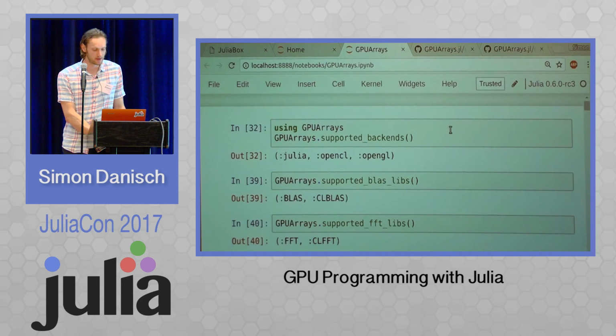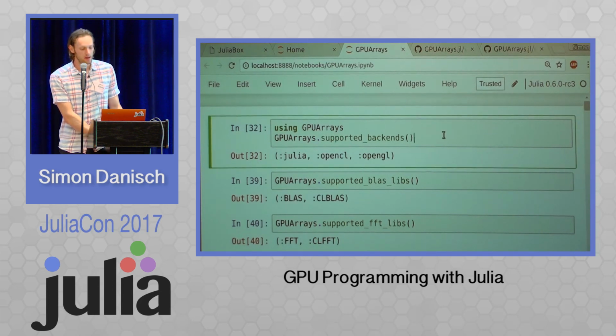So the question was, if I have an NVIDIA GPU, but I guess not CUFFT installed, but CLFFT, what would happen? I try to figure out a backend that works and then try to convert to it. But I just recently implemented that, so it's not covering a lot of cases.